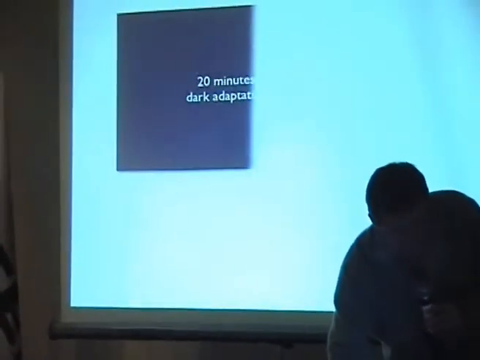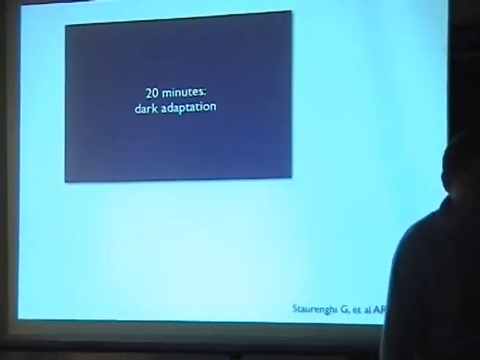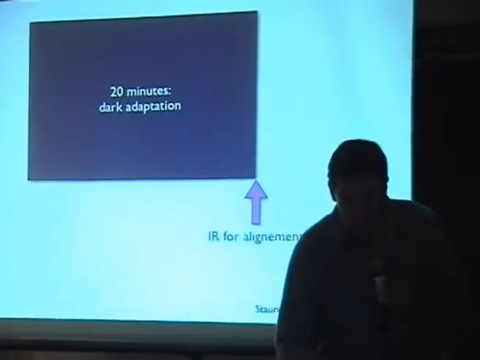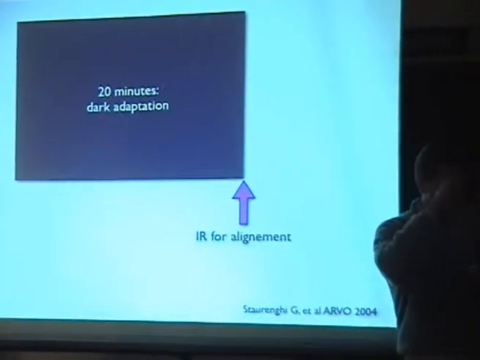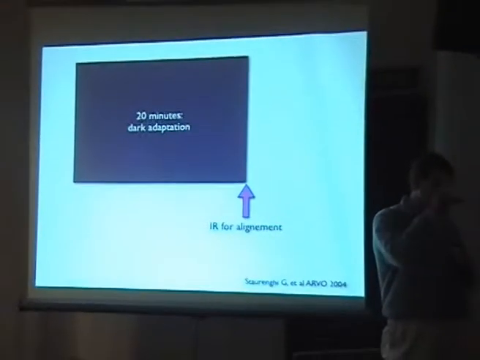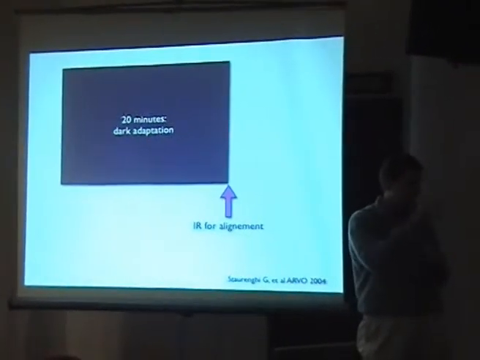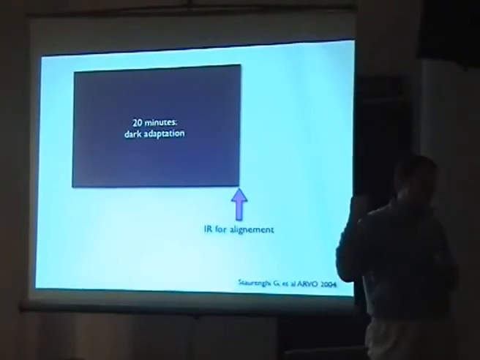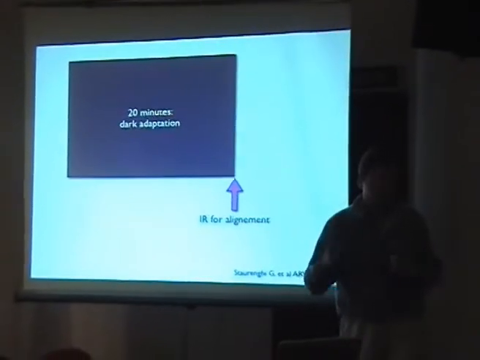So, first of all, you take an autofluorescence image to know the noise of the camera. Then you dark adapt the patient for 20 minutes. Then you align the eye, so you exactly know where you are taking the image, with infrared, not bleaching the photopigment.